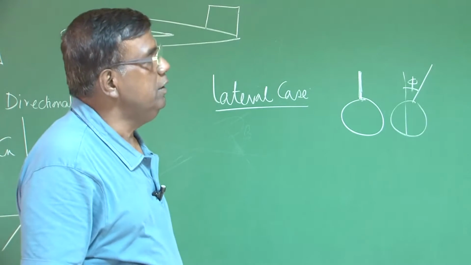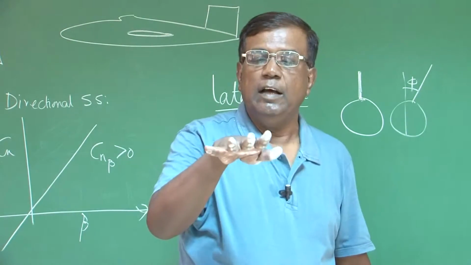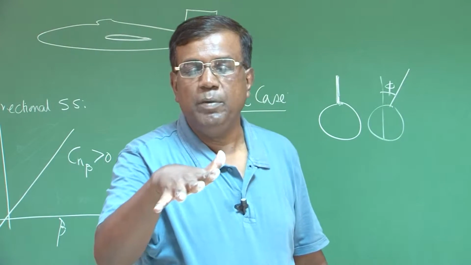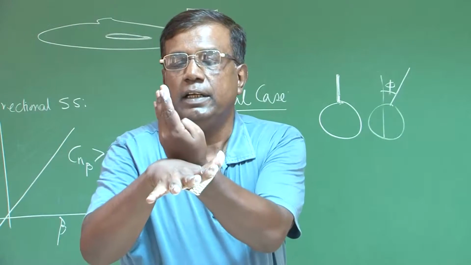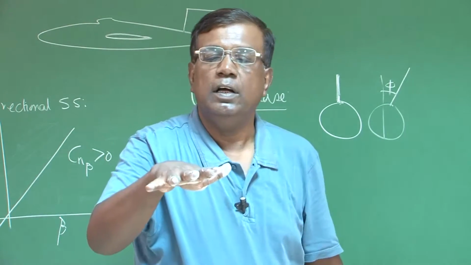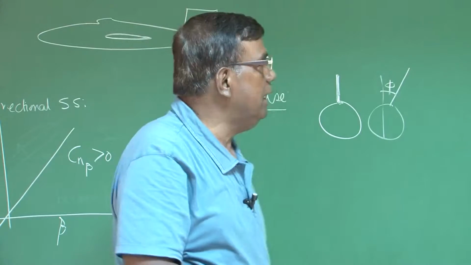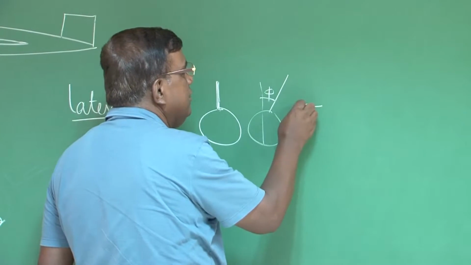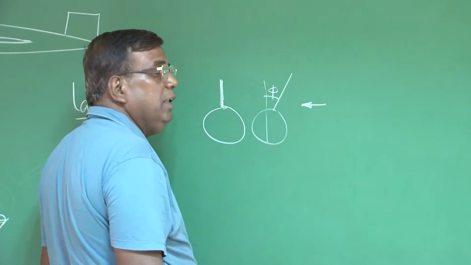What is the mechanism? Mechanism is, if the airplane is like this and there is a bank, then it will start side slipping. As it side slips, there is a vertical tail which will give a force, and that will give a moment, right. That is, if this is having a bank, it will start side slipping. So, relative air will be like this.